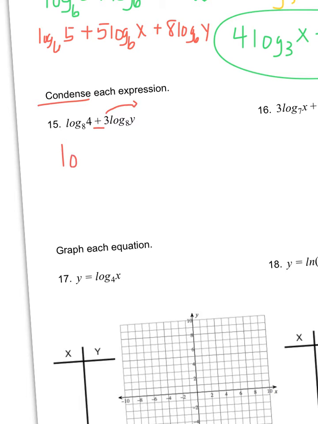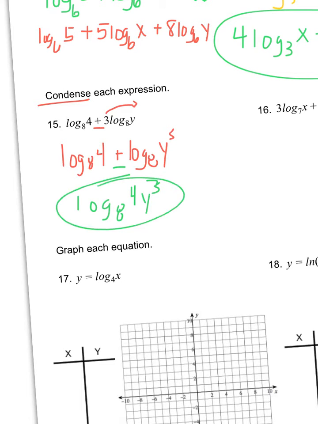So it would be log base 8 of 4. That one remains unchanged. The second one becomes log base 8 of y to the 3rd. And then we can combine them using the sum to product rule. So log base 8 of 4y cubed.